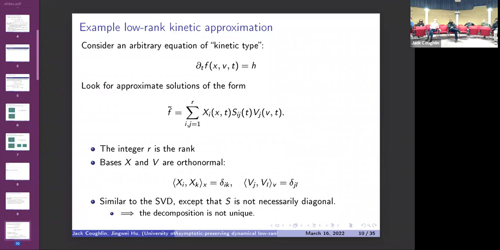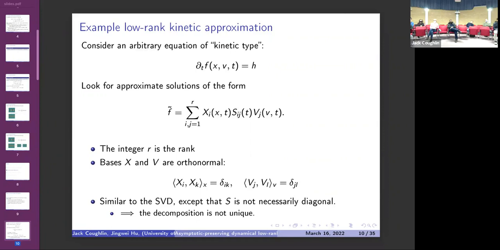Some notation: the integer r is the rank, and these bases X and V are orthonormal, so we have these orthogonality conditions. This is pretty similar to the SVD so far, except that we don't require that S be diagonal. So X and V are allowed to interact not just in a diagonal way, which means that this decomposition is not unique.